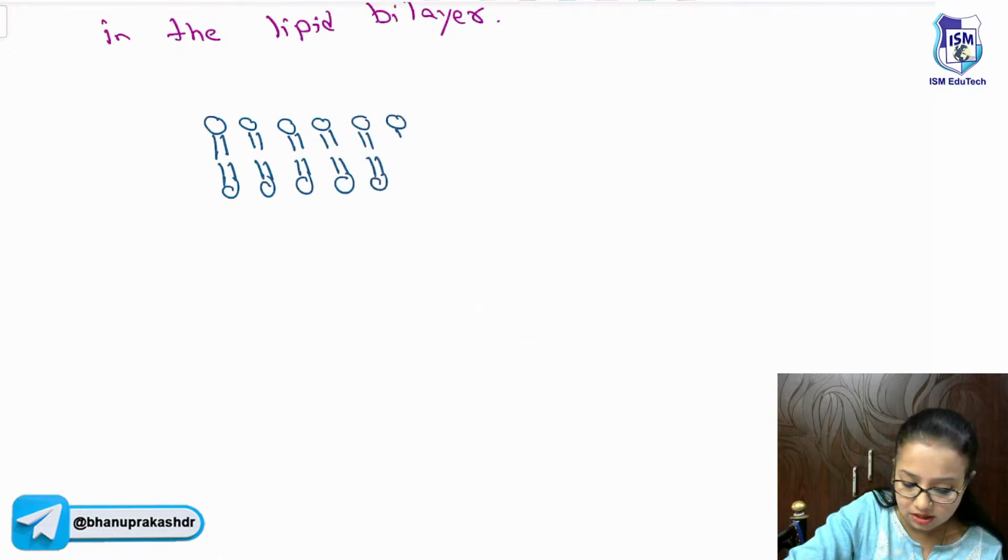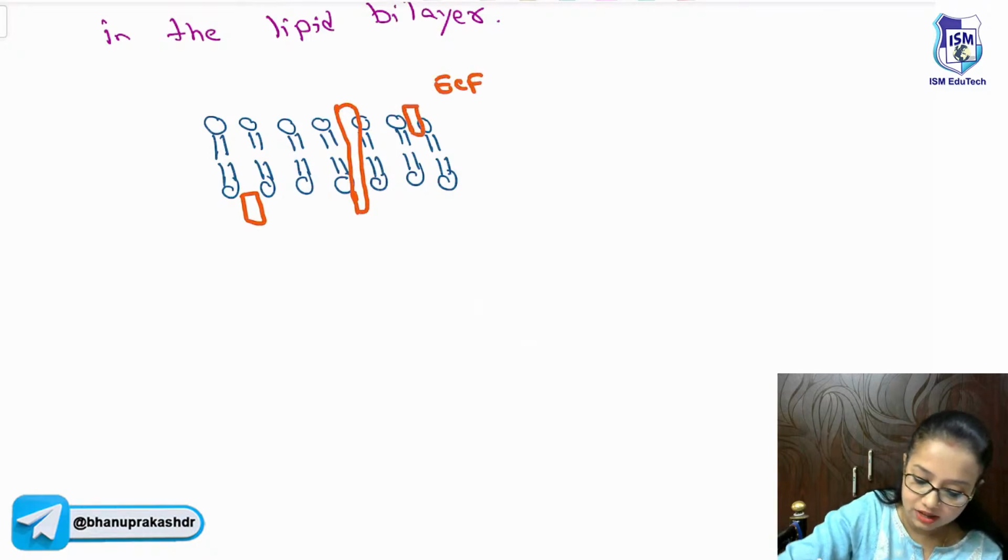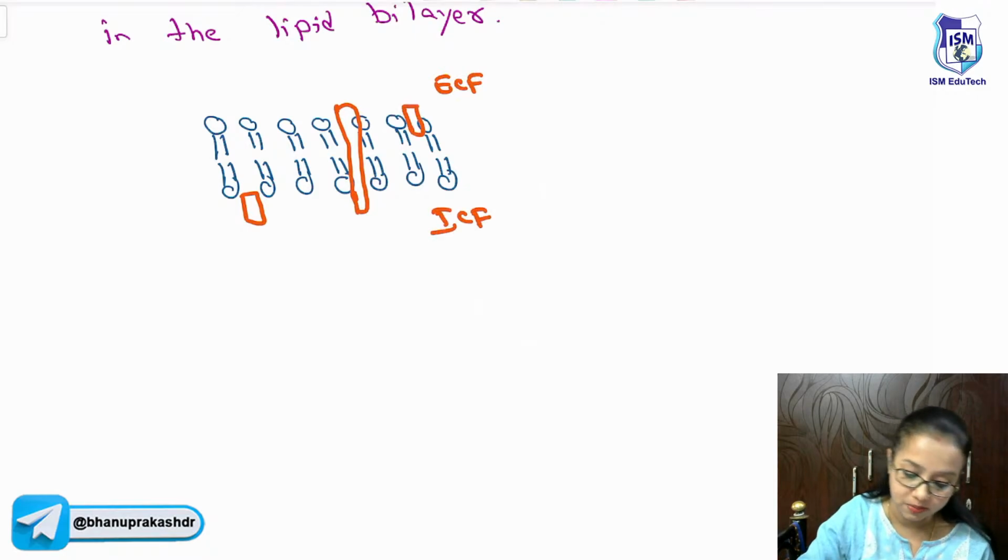So these are the layers of the lipid, and then there are protein molecules that are interspersed. Some lie across, some lie sticking to the ECF, and some lie sticking to the ICF. This is the overall structure.